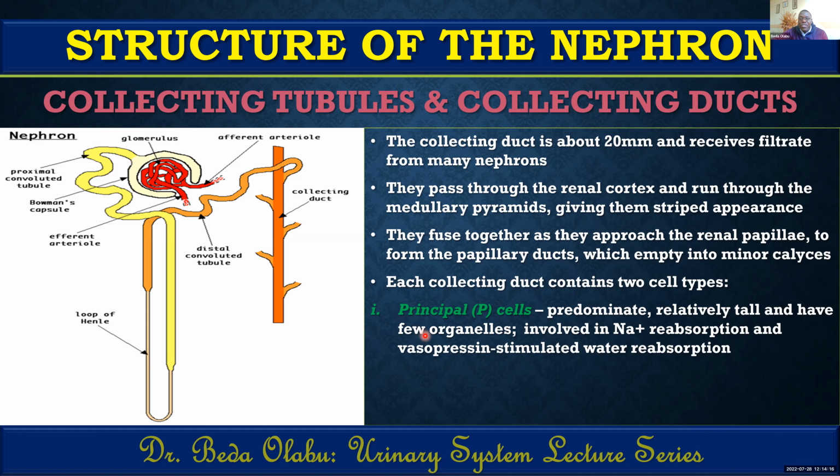These are the cells which contain the receptors for antidiuretic hormone. They are particularly involved in reabsorption of sodium as well as water, but the water reabsorption is dependent on the presence of antidiuretic hormone. So we can say they're involved in fluid and electrolyte homeostasis.